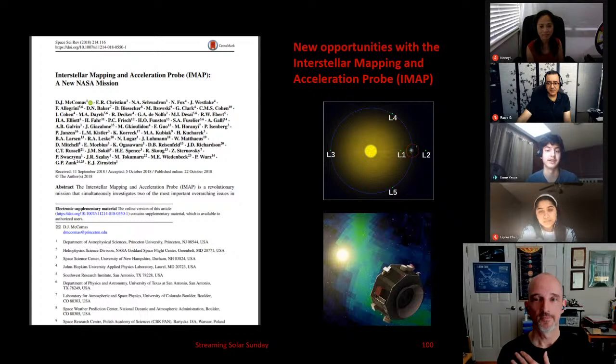So, the focus of today is a new paper published by Princeton University's Astrophysics Department. You can see the paper on the left side of the screen. It's about the IMAP probe, the Interstellar Mapping and Acceleration Probe, planned for launch by NASA in 2024, which you can see as an example in the bottom right of the screen.